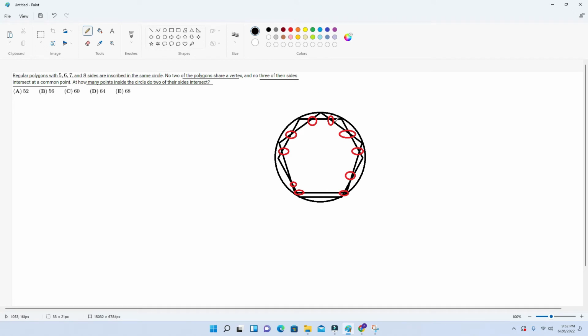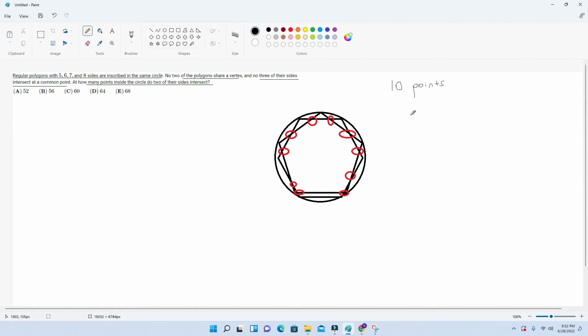The number of points that these two shapes intersect at is 10 points. And this is because each of the sides of the pentagon gets intersected 2 times by the hexagon. You can think of it as the hexagon enters the pentagon and exits the pentagon from each side.